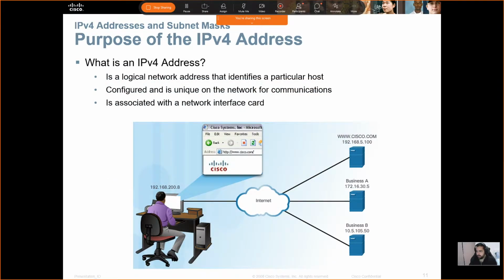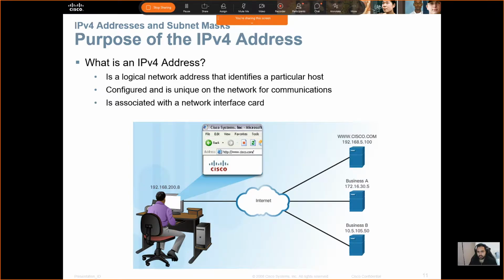So one more time, IPv4 is a logical network address. It identifies hosts in a network. It can be configured, in contrast to the MAC address. Just to recap, the MAC address is also known as the physical address.